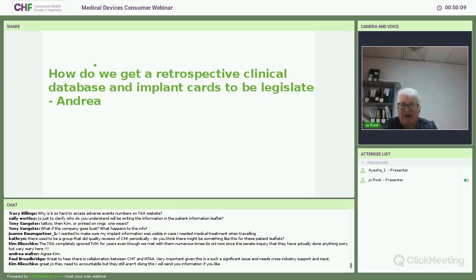How do we get a retrospective clinical database and implant cards to be legislated? Well, we've got it in. If you mean retrospective for people who've already got the device, then that's not going to happen. It's only going to be for devices as they are put in. This legislation doesn't give us a retrospective approach at all.